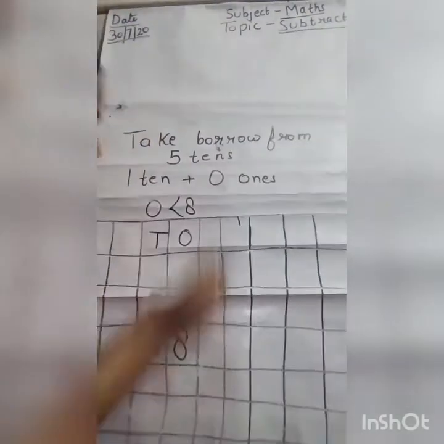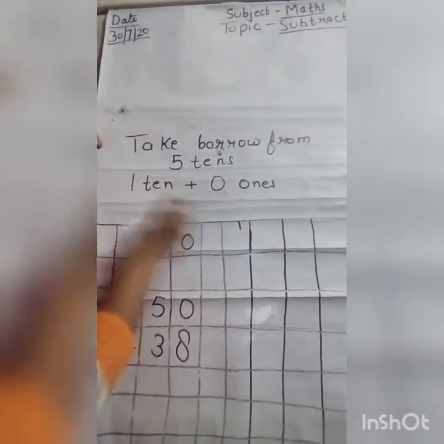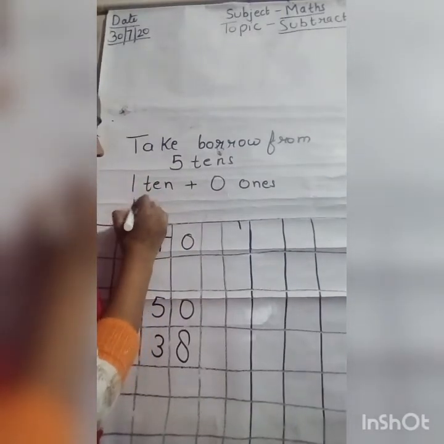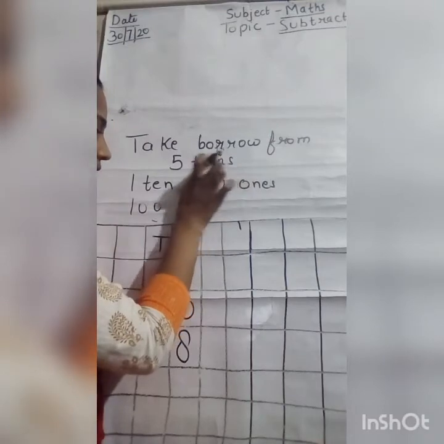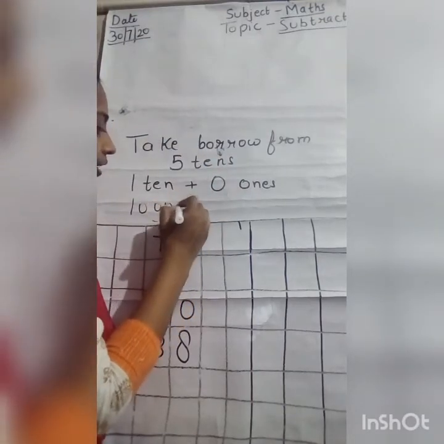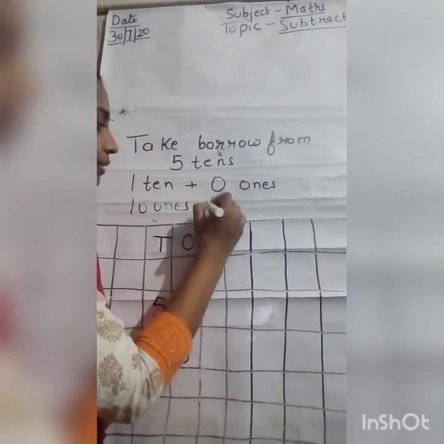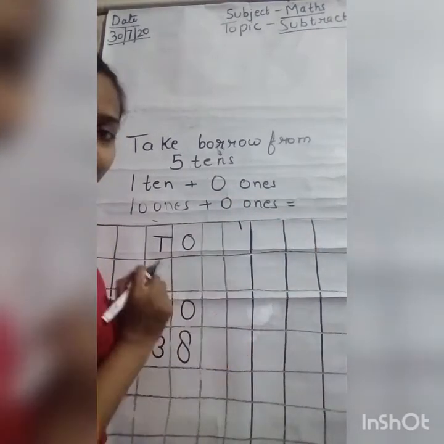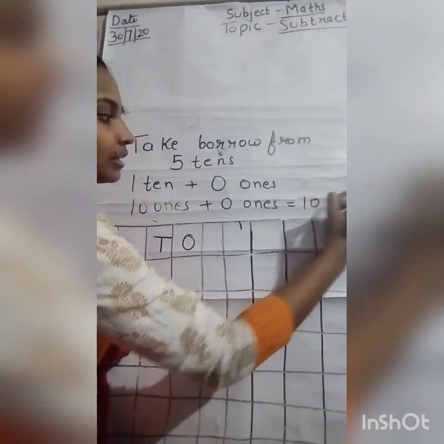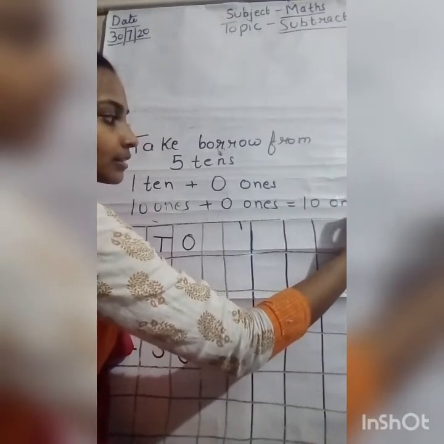So 1 ten makes 10 ones. 1 ten makes 10 ones plus 0 ones. What does it make together? It makes 10 ones.